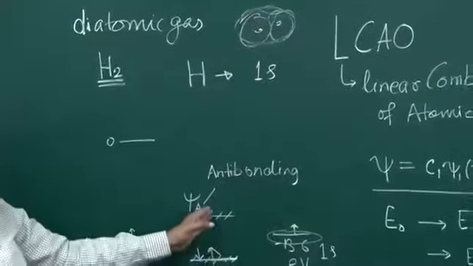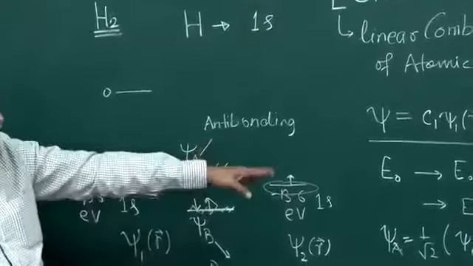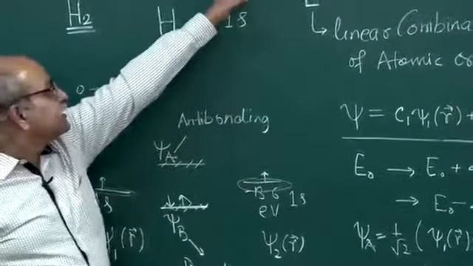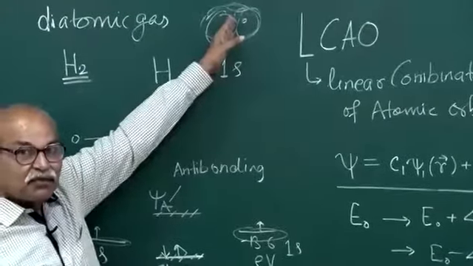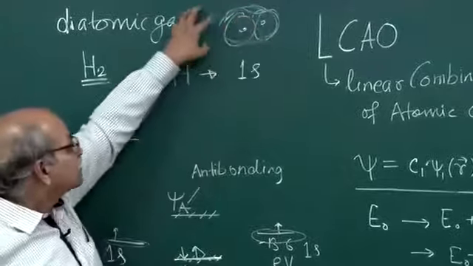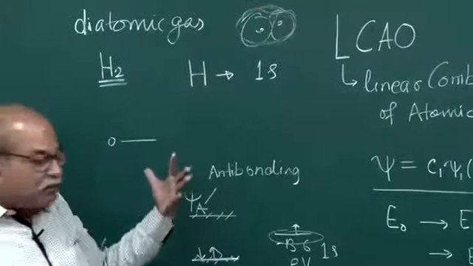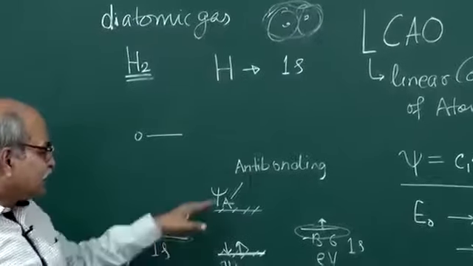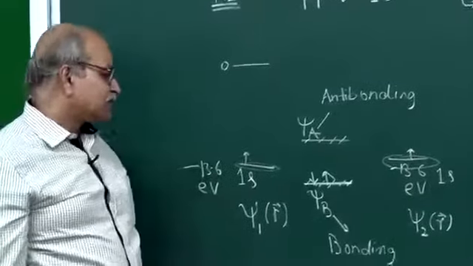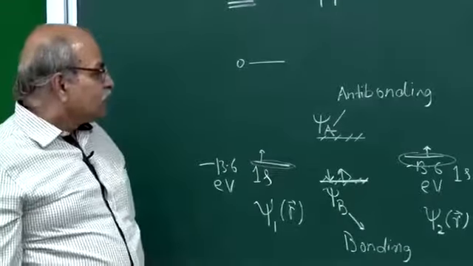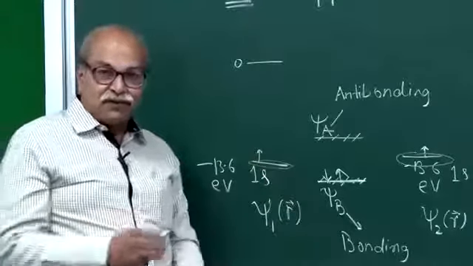Whereas if the electron goes here, the energy goes up and it's antisymmetric. At the center you have much less probability of the electron being there, the electrons are far apart, and therefore it doesn't bind that system. So this kind of splitting is there. You must have done these things in your +2 chemistry classes. So this is why hydrogen is in the diatomic molecular form.